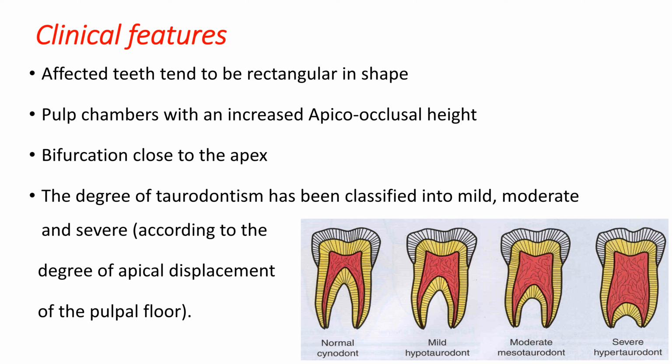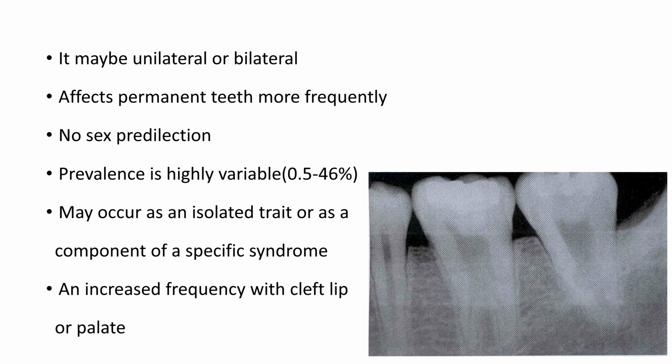In the picture, the first is a normal tooth with normal apico-occlusal height. In the mild, moderate and severe forms, as the degree increases, the apico-occlusal height also increases. Taurodontism may be unilateral or bilateral, and it affects permanent teeth more frequently than deciduous teeth.